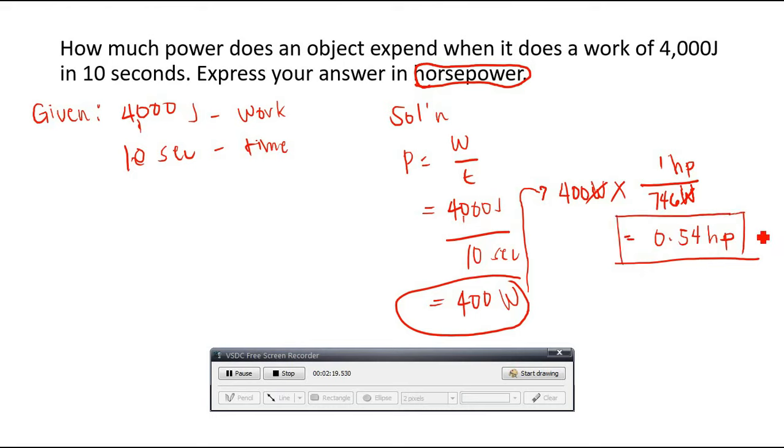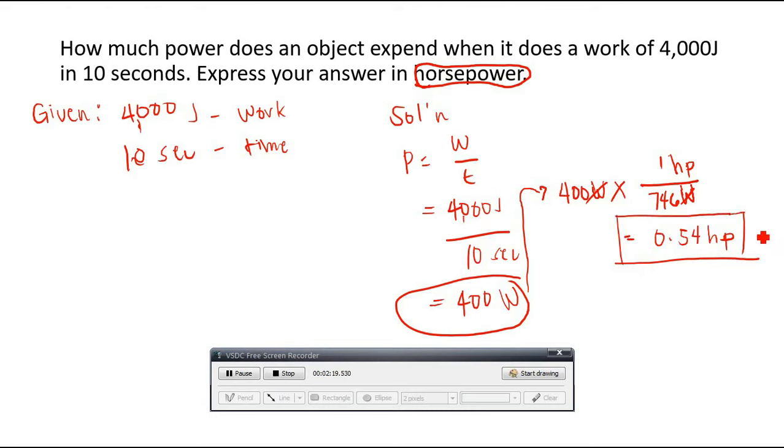For our next problem, I think you're familiar with this because we solved it earlier for work, but this time we modified it and we're going to solve for the power. It says here, how much power is done when you carry your 10 Newton school bag from the ground floor to the second floor of your school building in just 25 seconds? The second floor is 6 meters from the ground. Let's first identify the values.